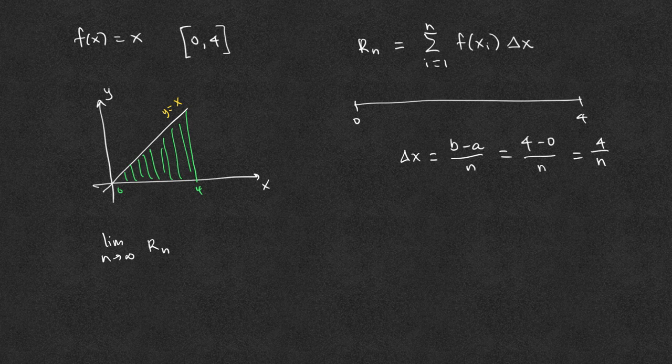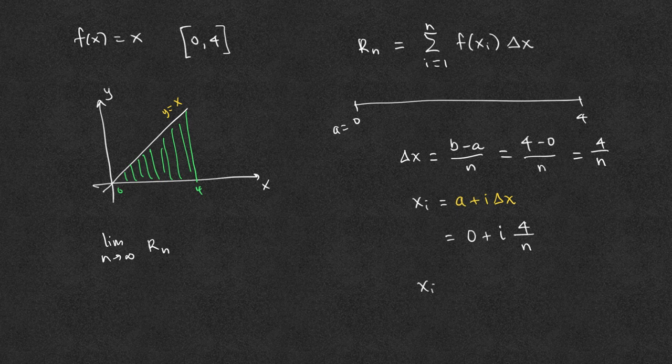Once we have delta x, we can obtain the formula for x sub i. x sub i is always a plus i times delta x. What is a in this case? a is 0, and delta x is 4 over n.